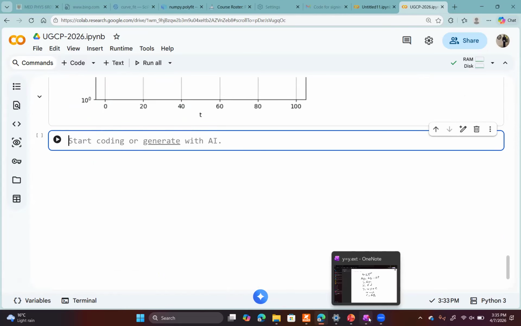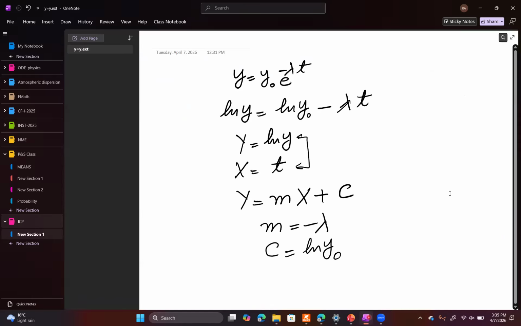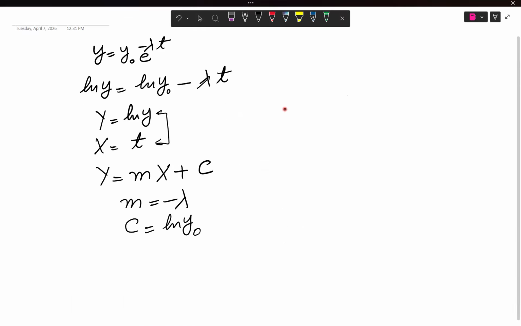Let me explain that point as well. While taking the logarithmic scale, we do not change the values. So in order to extract the equation, we have to get back to the main equation.